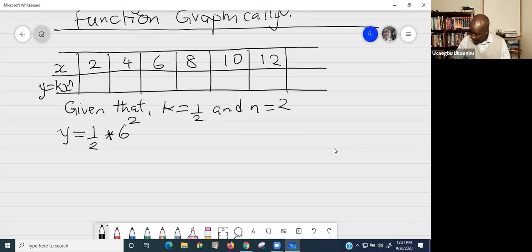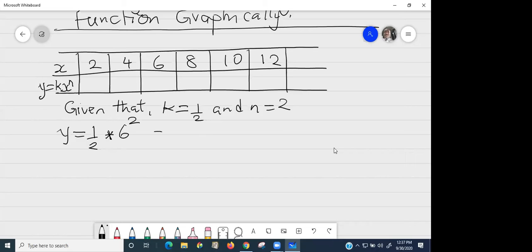So once you have this type of thing to evaluate, you have two options. One is to use your PEMDAS, the other is to punch in the number into your calculator. So let's say we're using PEMDAS. That's going to be exponent first. So you have 6 raised to power 2 is 36.